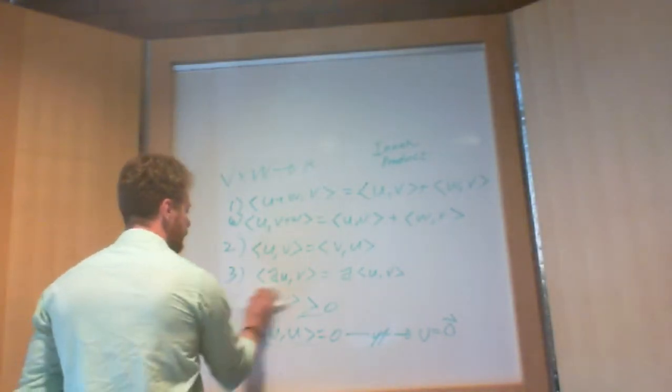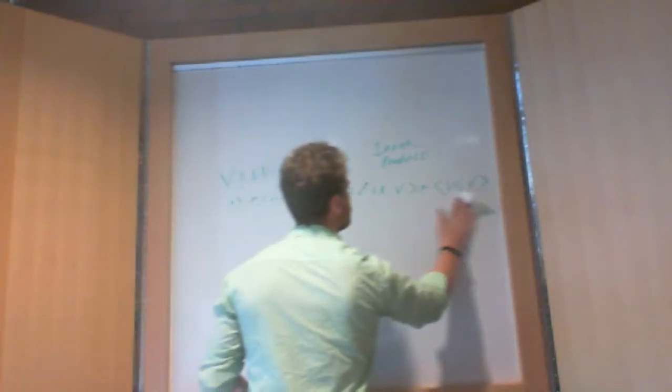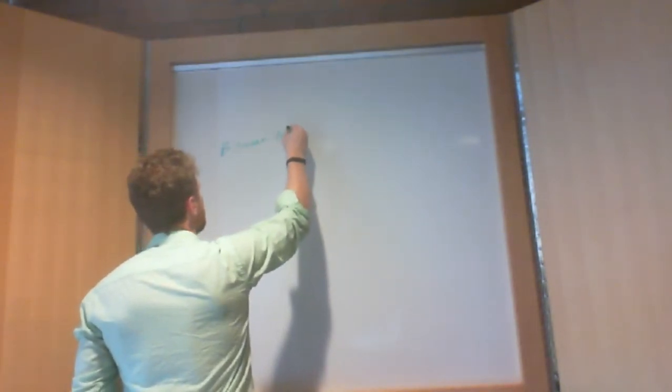Let's talk about bilinear forms now. A bilinear form is a bilinear map, and it maps two vector spaces to the real field K. We use the notation A(u, v) in FEM.